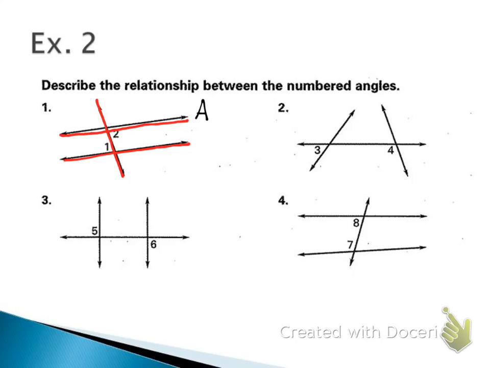Now are they on the inside or the outside? Inside. So alternate interior angles. Good. The thing about alternate interior angles, if you trace them, it forms a weird looking Z pattern. That's one of the ways to remember alternate interior as well.